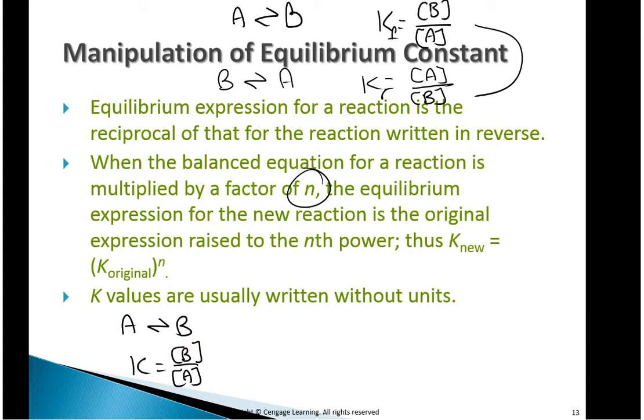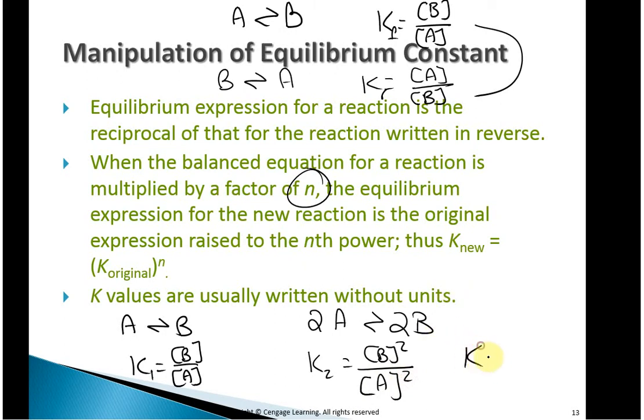Now, if we multiply this by 2, so 2A reacting to form 2B, K is going to be B raised to the power of 2 over the concentration of A raised to its power of 2. So K2 ends up being K1 squared. When you multiply a reaction by n, the K is raised to that exponent.